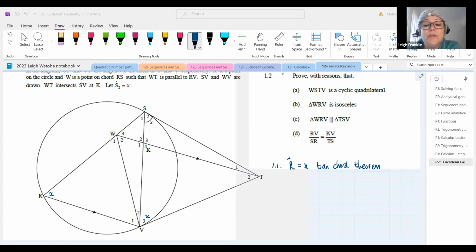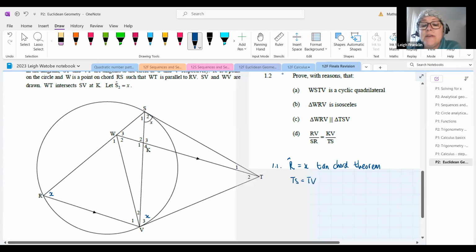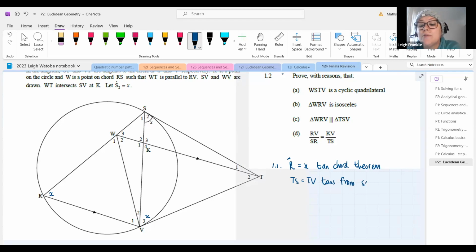Here what we would do is you would say TS equals TV because they are tangents from the same point. So that means that V3 is also equal to X because they are angles opposite equal sides. Okay, so now we've got R, we've got V3, we need one more angle.